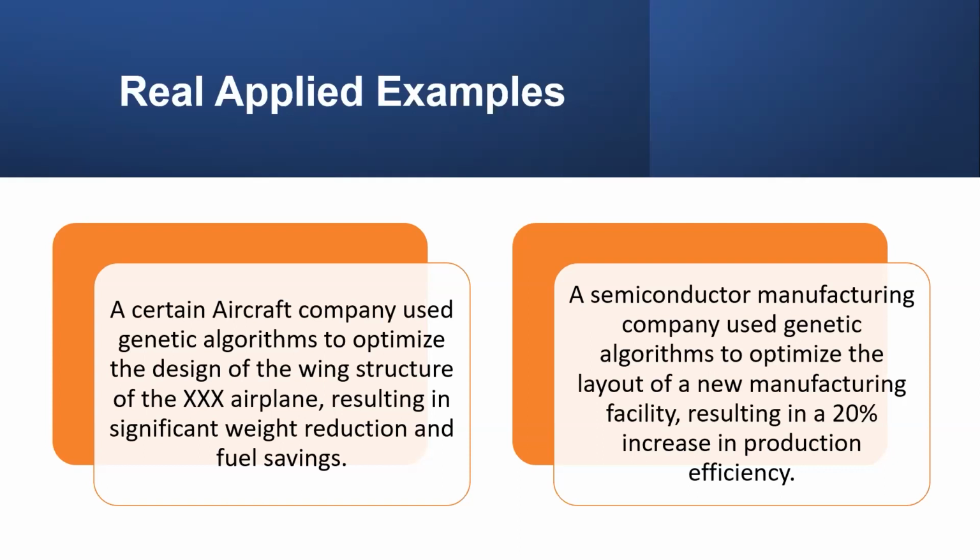And a semiconductor manufacturing company used genetic algorithms to optimize the layout of a new manufacturing facility, resulting in a 20% increase in production efficiency. These two are real implemented examples from two well-known companies in the domain.